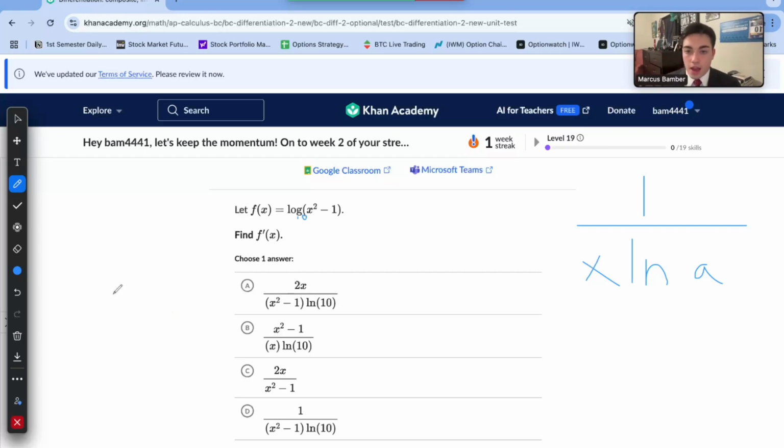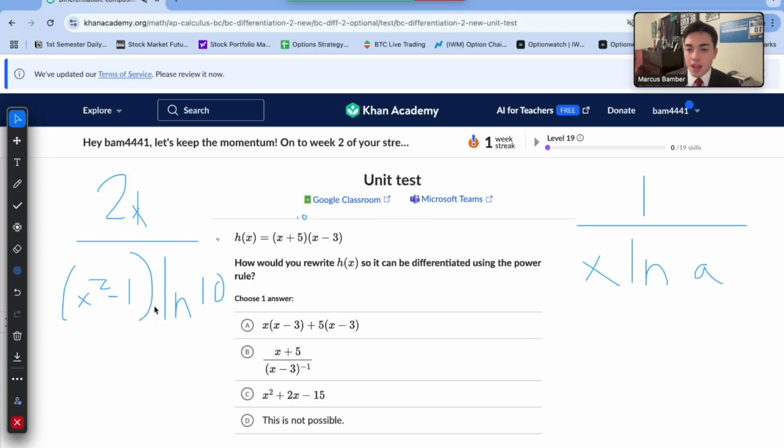So that means we're going to put x squared minus 1 out here, ln natural log of 10. And then we still have to do chain rule here. We need to multiply by the derivative of the inner function. The derivative of this is just 2x, so our numerator is going to be 2x. Denominator is that. A is the correct answer here. All right, on to the next question.